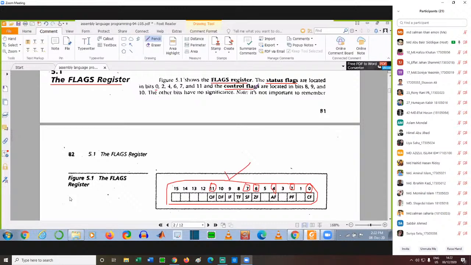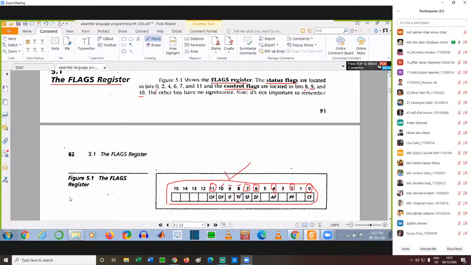Control flags are located in bit number 8, bit number 9, and bit number 10. In total there are 9 flags: 6 of them are status flags and 3 of them are control flags. The control flags in bits 10, 9, and 8 are DF, IF, and TF.